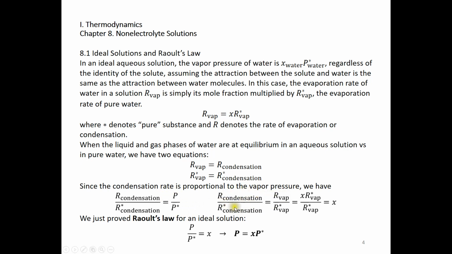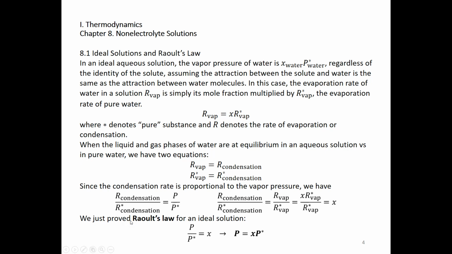And then we can write out this ratio between the condensation rates is equal to the ratio between the evaporation rates. And also this is equal to X times the evaporation rate for pure water. It comes from here. I was replacing the rate of evaporation of water in an aqueous solution with the mole fraction times that of pure water over here. So this is really X. And now you can see P over P star is this, and this is X.